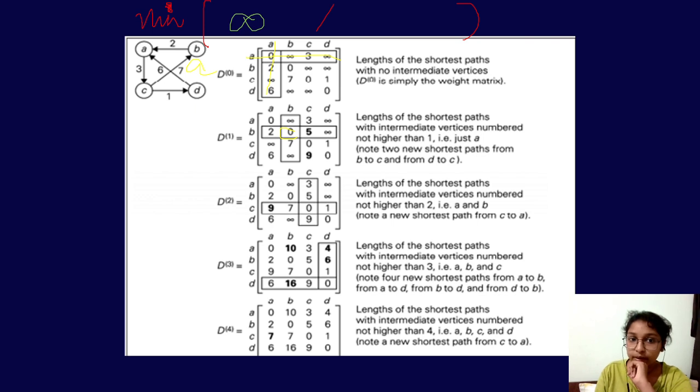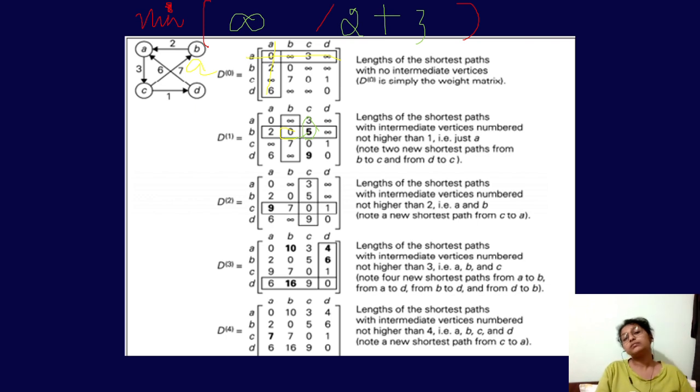B to A we can travel with a distance of 2, plus A to C, which is 3. So which is smaller, infinity or 5? 5 is smaller, right? So we will be considering the smallest distance according to the formula. I hope it is clear. B to C smallest distance is 5, and we are considering that in the matrix.